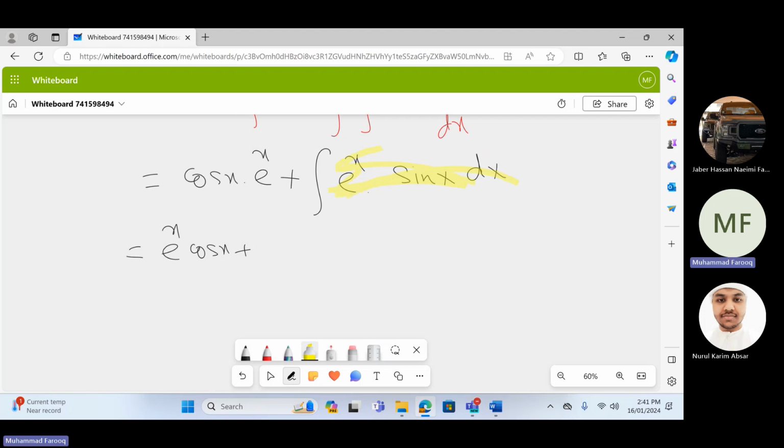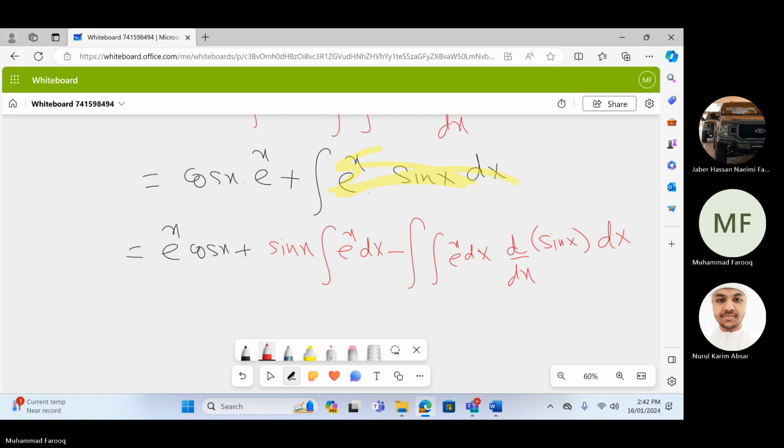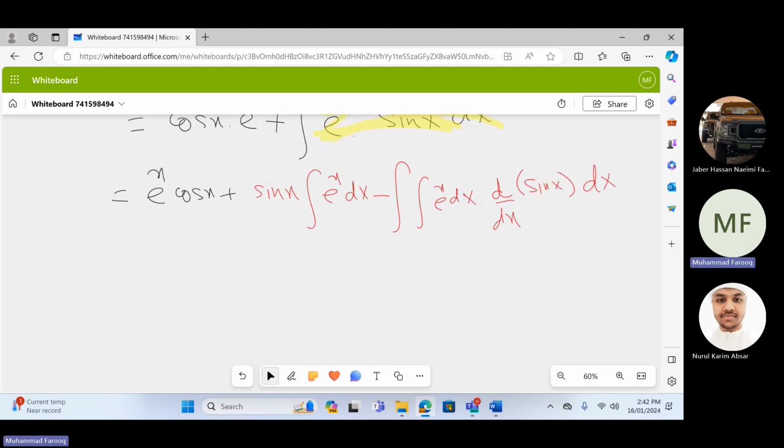Again, two functions are multiplying, so again by parts. Start. First function, e to the x is second. First function, integration of second function, minus sign of integration of second, and derivative of first. Derivative of sine x, and dx.